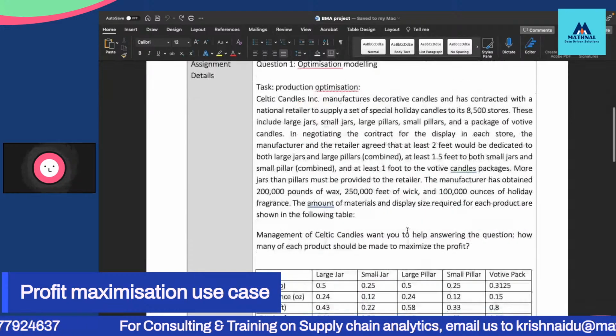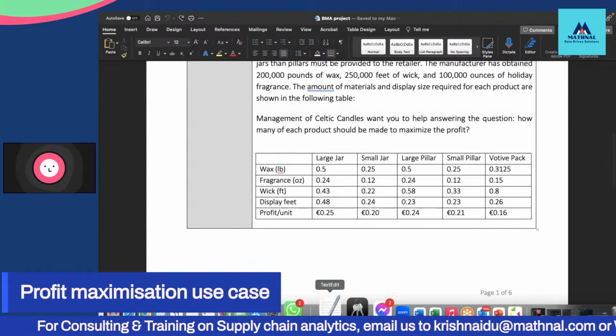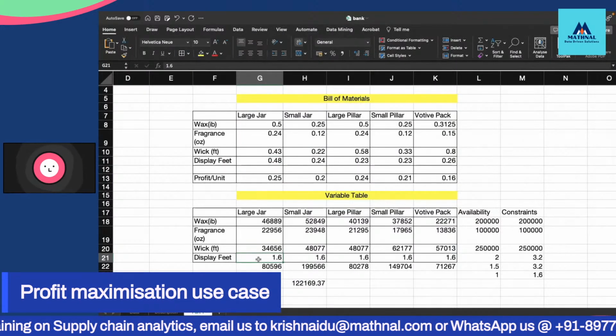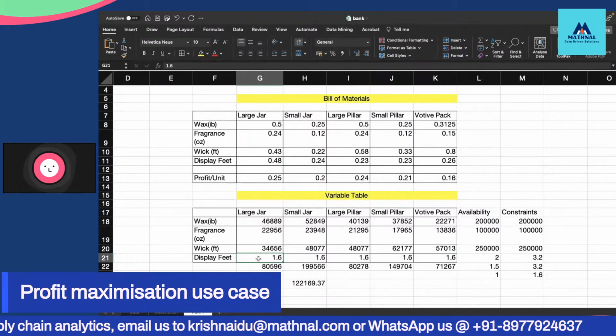There are 8,500 stores, so let's also take the display feet into consideration.